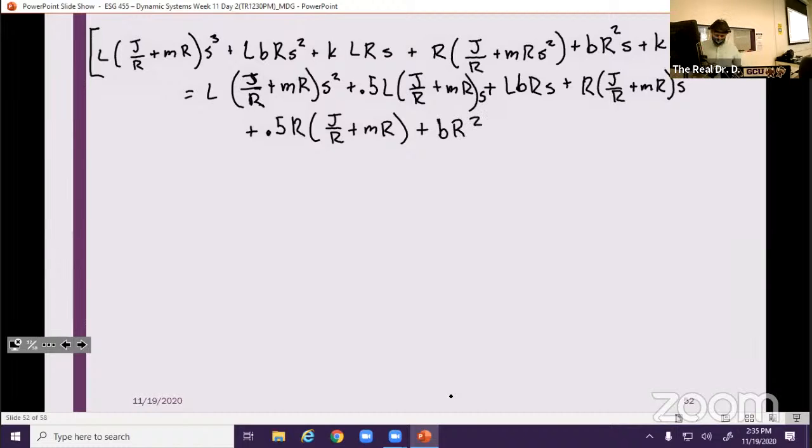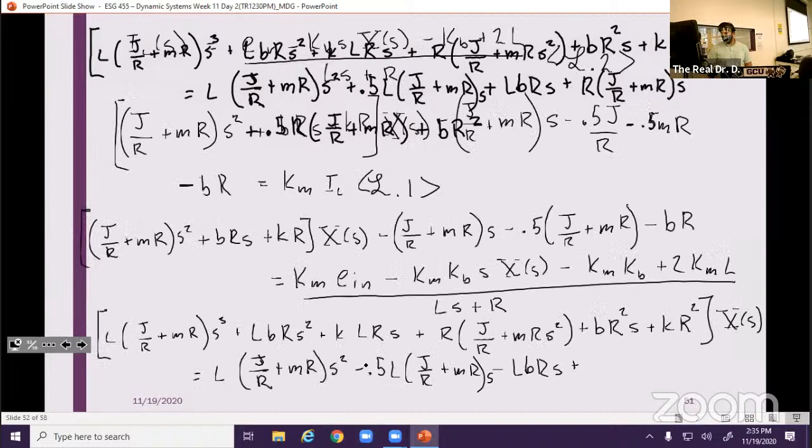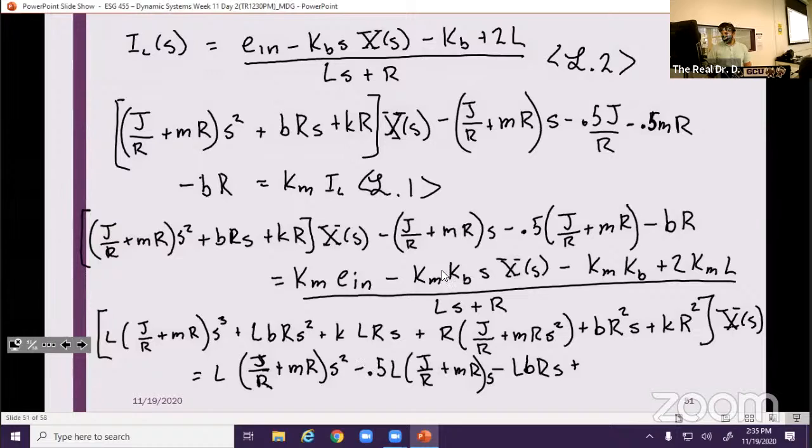Okay, that takes care of the mechanical side. Now the other parts are KMEN. These just stay the same as they were. So let's do this.